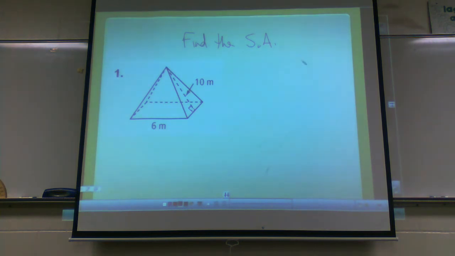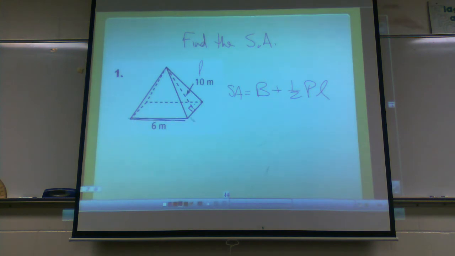I'll go through, like I said, slow. This one should be easy though because they give you the slant height. That right there is the slant height, and I know it's the slant height because it is the height of that triangle right there. Again, don't get that number mixed up with that part. So for this, the formula is that.